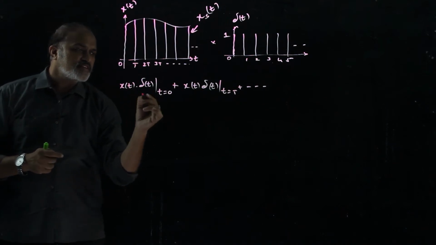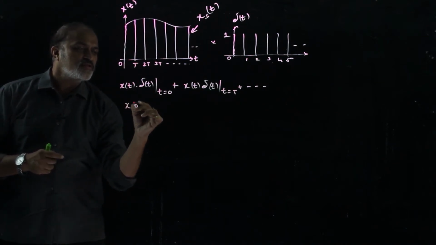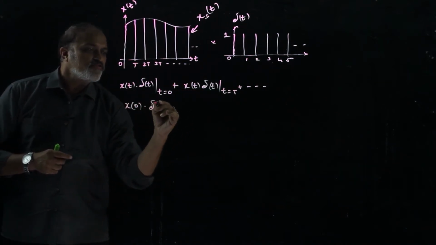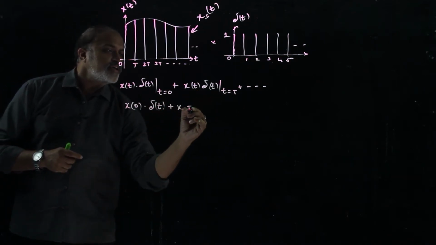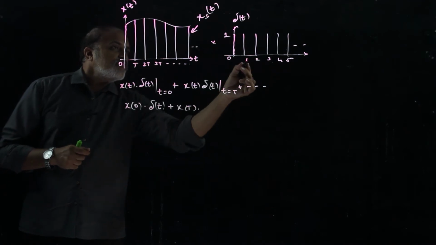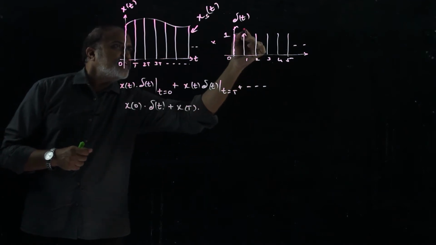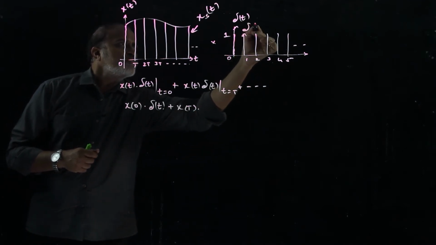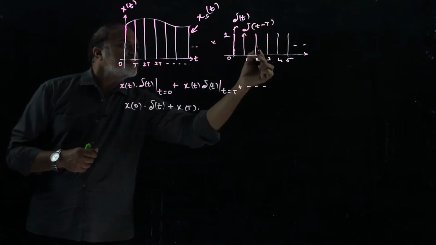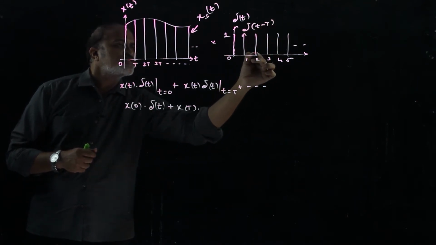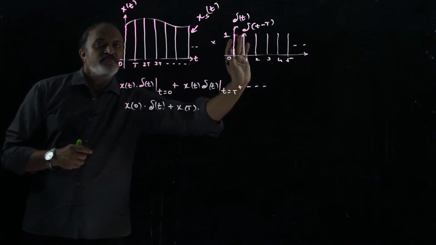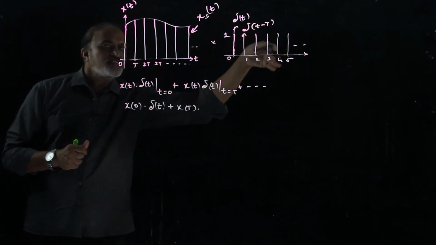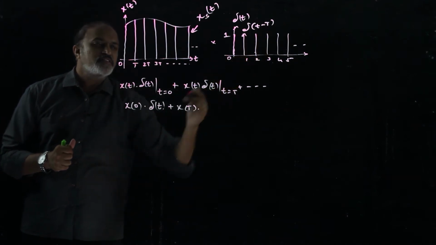So when we replace t by 0, we get x of 0 into delta of t, plus x of capital T into delta of t minus capital T, and then delta of t minus 2T, the shifted versions of the impulse function existing at t equals 0. This is called the train of impulse functions.